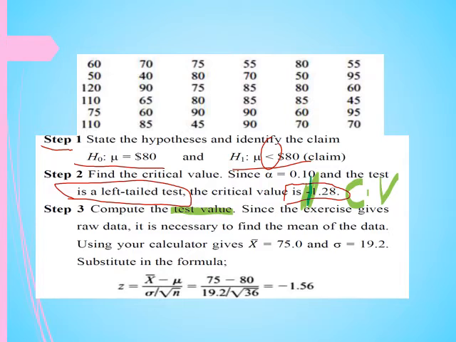But we know the mu value, which is the population mean, but we don't know the sample mean. How to calculate it? It's very simple. X bar equals the summation of x over n, from i equals 1 up to 36.